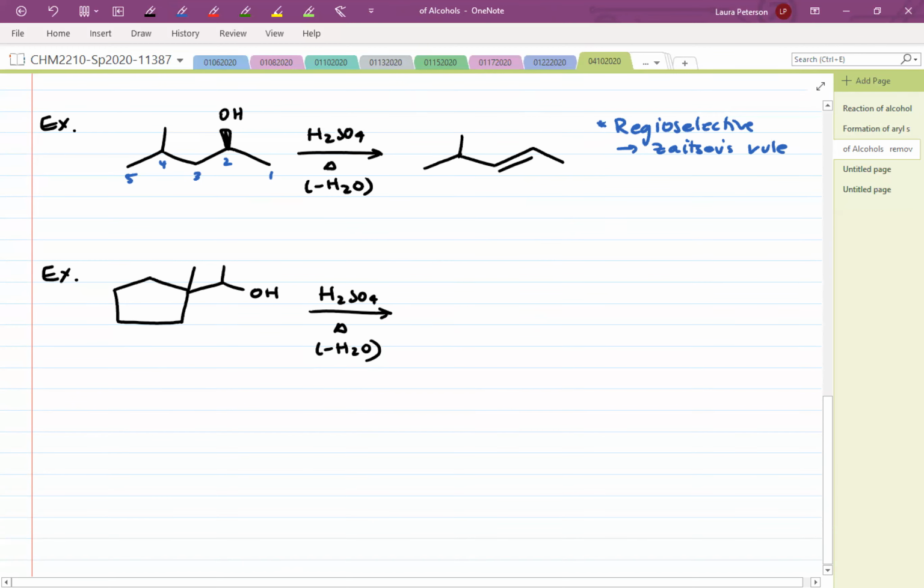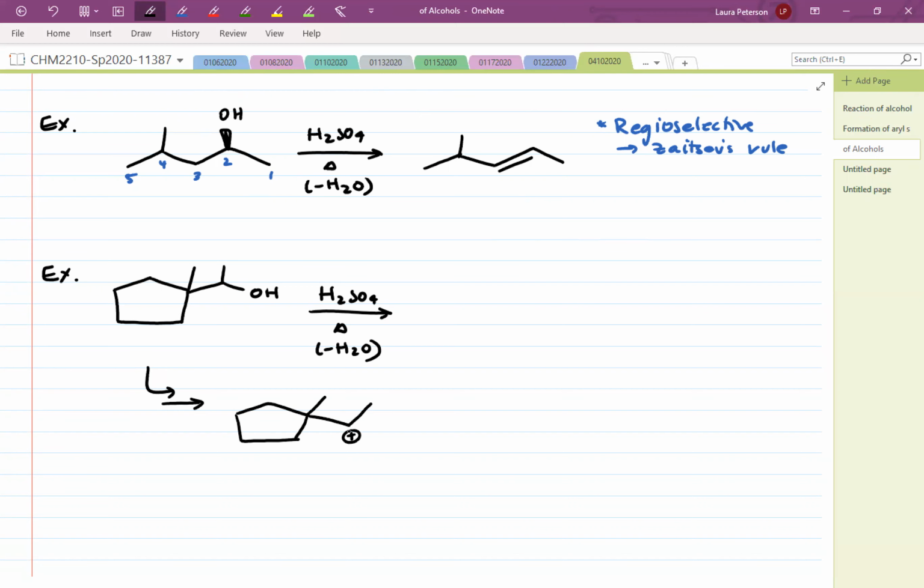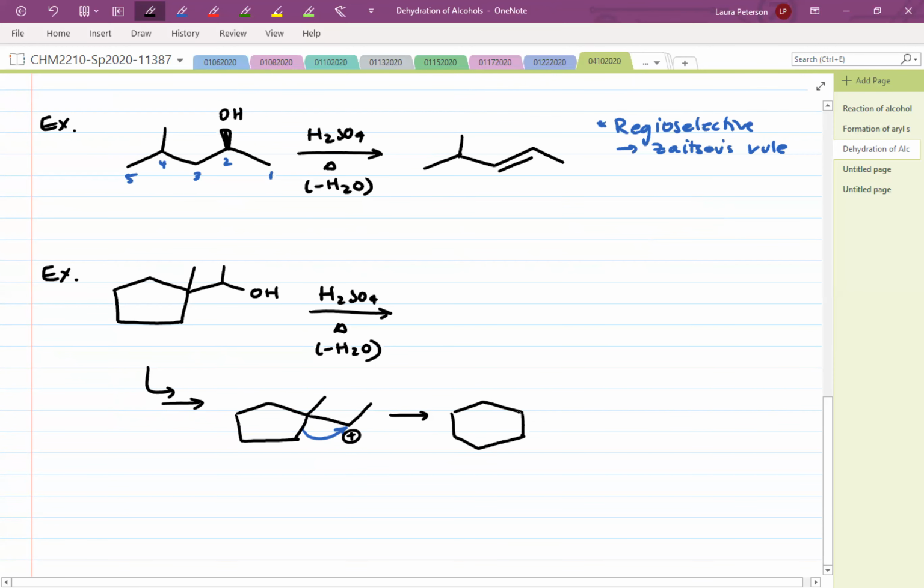What I would probably do, just to make sure that you're checking for your rearrangements, is go ahead and draw the carbocation that would form. Let's imagine we protonated our OH and turned it into a good leaving group, and then we would generate that secondary carbocation. But we have a secondary carbocation directly outside of our strained 5-membered ring, so we can do a ring expansion rearrangement to get us to the corresponding 6-membered ring.